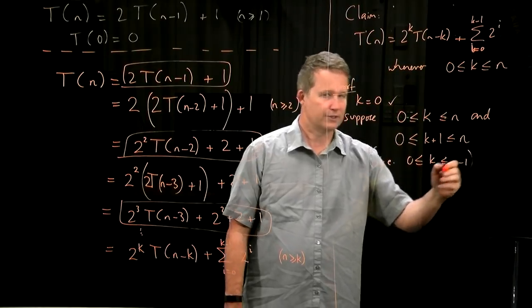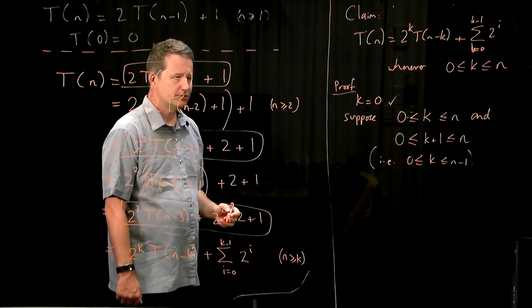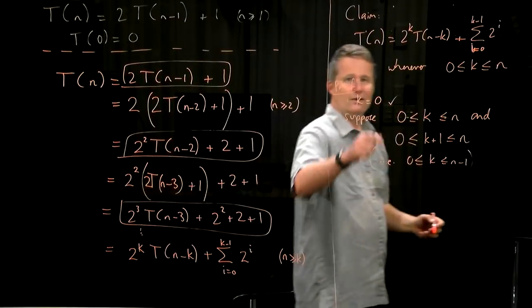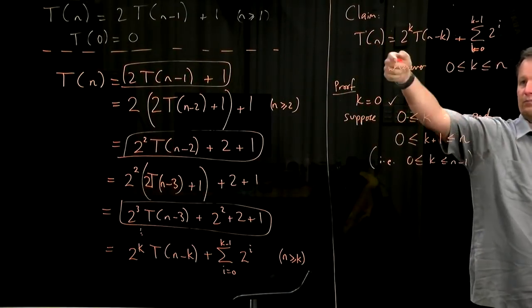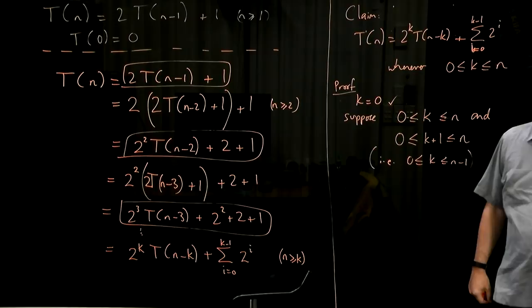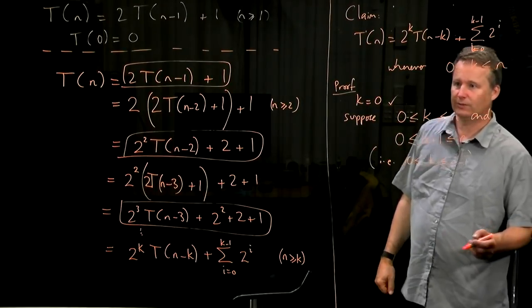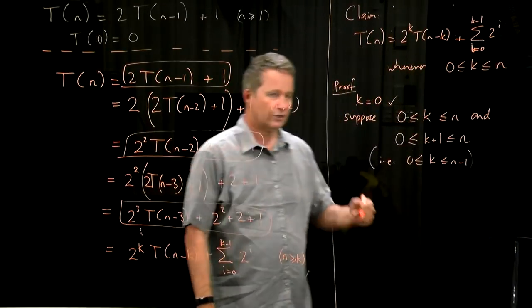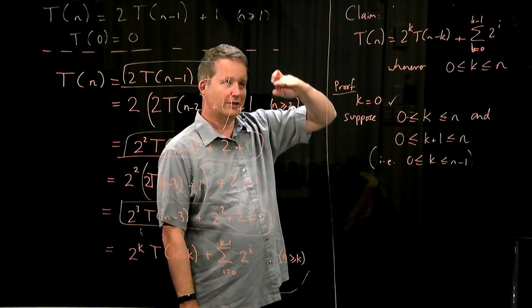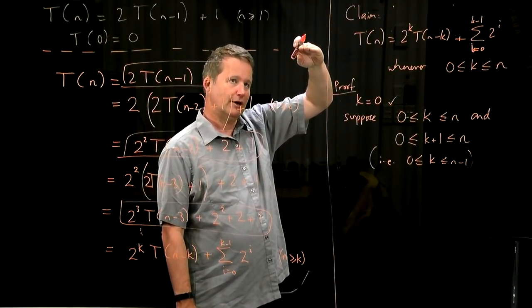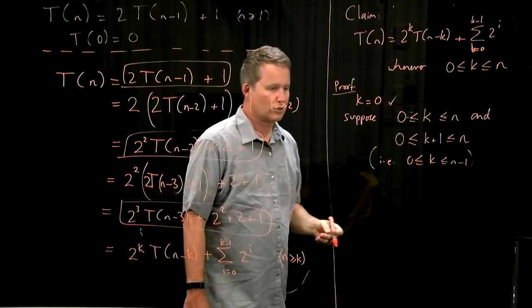I don't want to run into the boundary and have problems there. When k is equal to n, I can't apply this one more time. But I don't need to, actually. I only need to know that if I have it at a certain value of k, I can go one more. And when I get to n, I can stop. And I am going to stop when we get there.